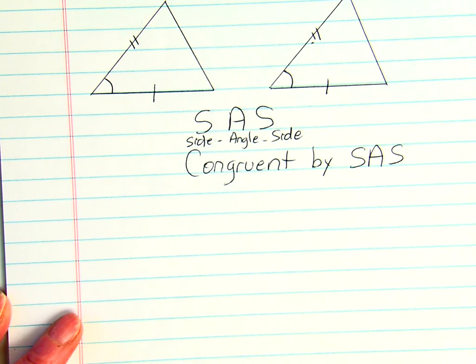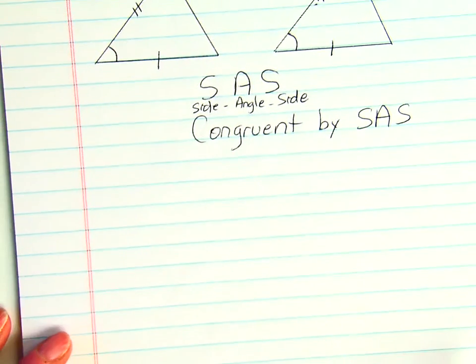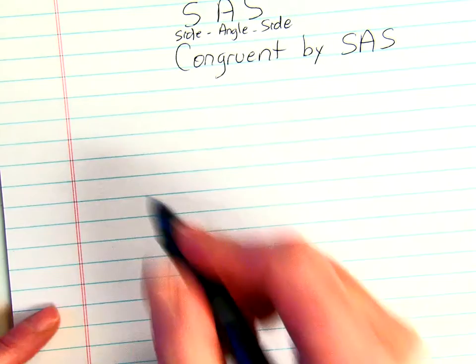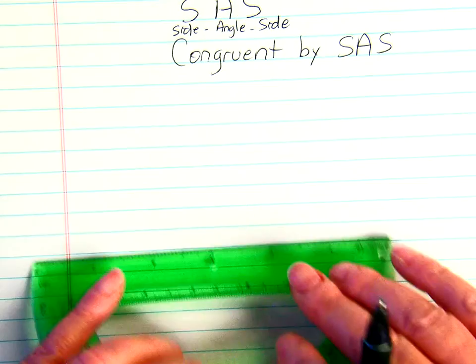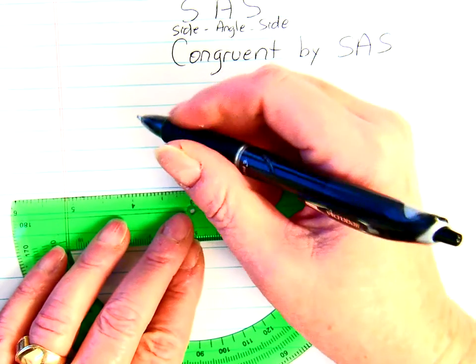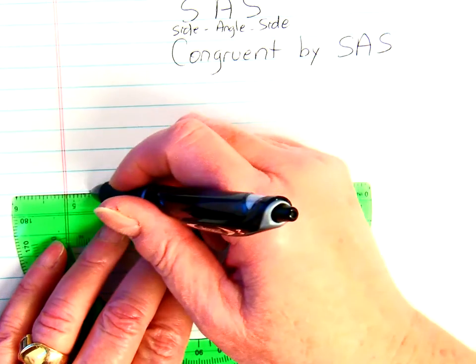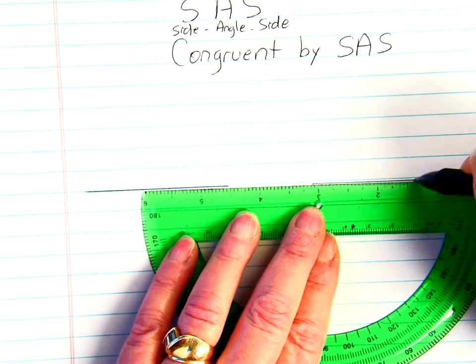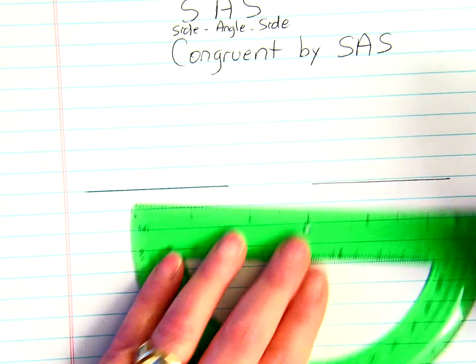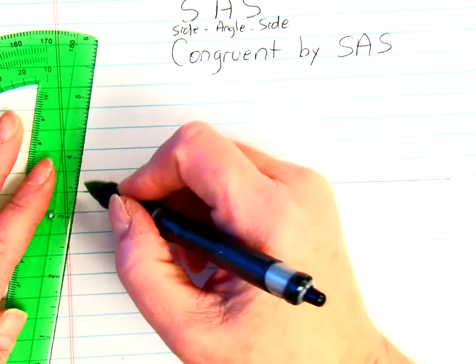Okay? And our third way to identify is by angle, side, angle. So here, and here we go again with my building of the angles. I'm not even really measuring anymore, which is kind of a problem.